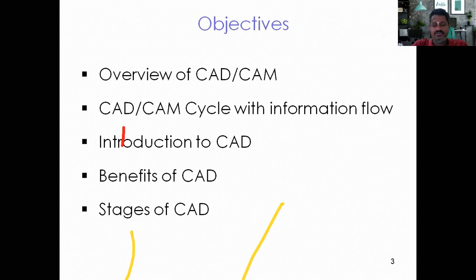That also we will see with the CAD/CAM cycle with information flow, or the typical CAD/CAM cycle, in this session. Then we will see the introduction to computer aided design. Then we will discuss the stages. Finally, we will discuss the benefits of CAD.